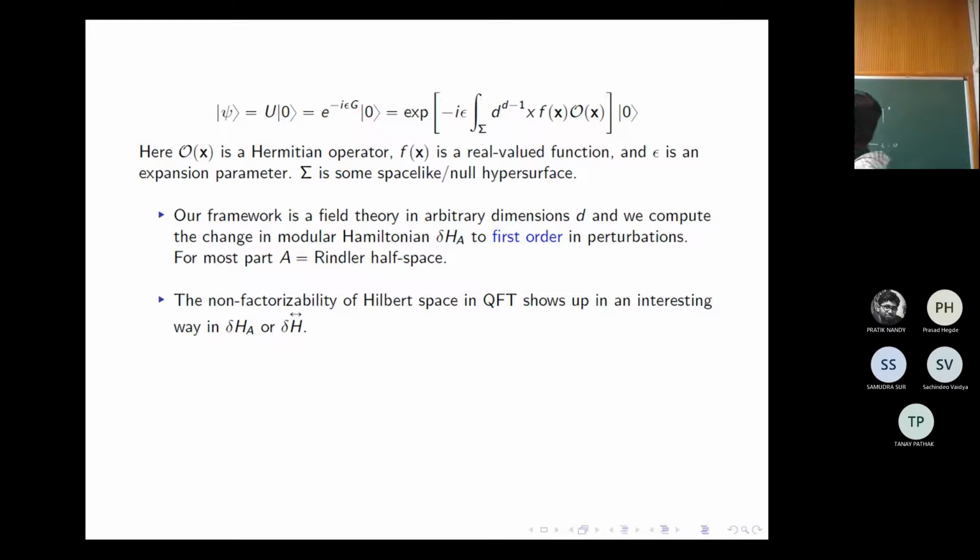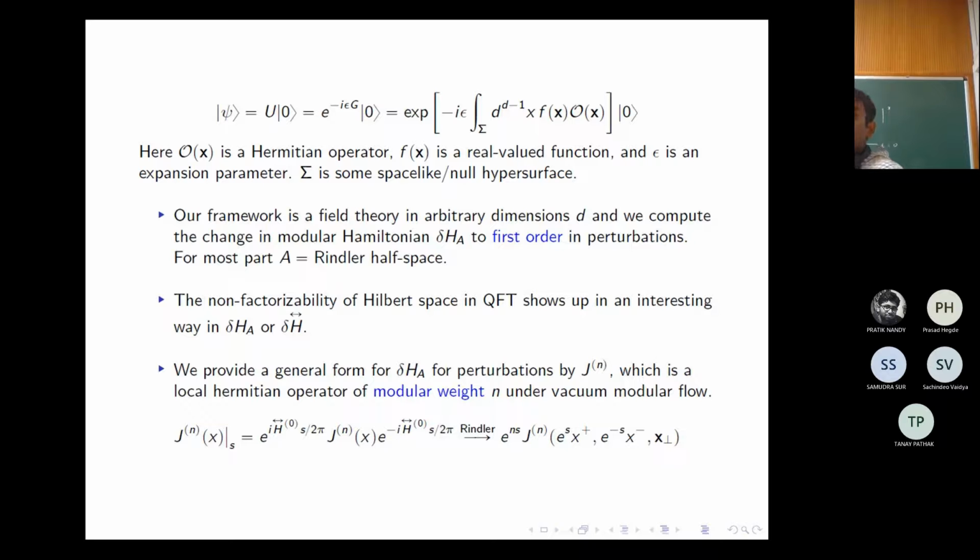We actually cannot do that. It can only be done in a finite dimensional system. We'll see that this non-factorizability of the Hilbert space will show up in a very interesting way in this delta HA or delta H.